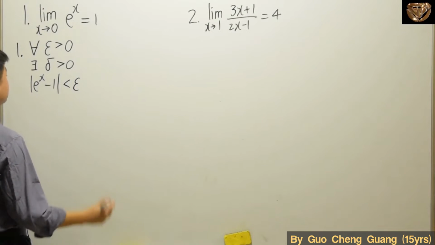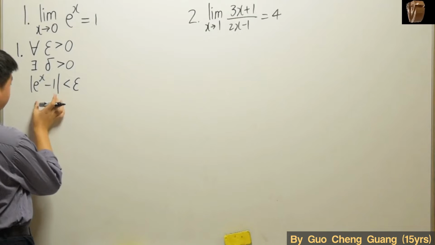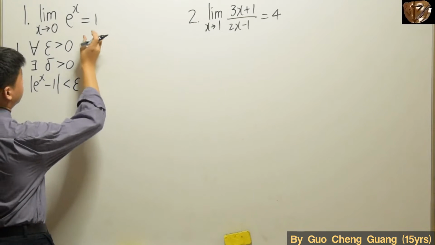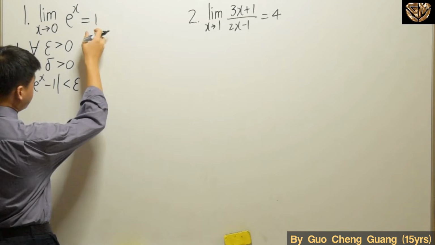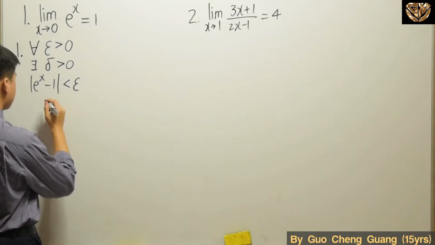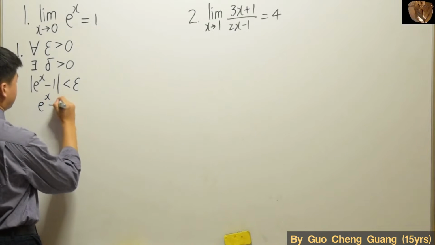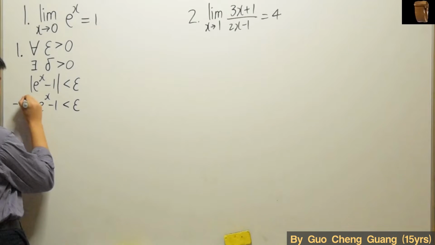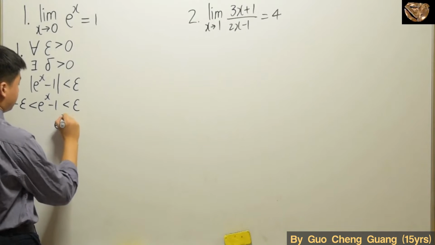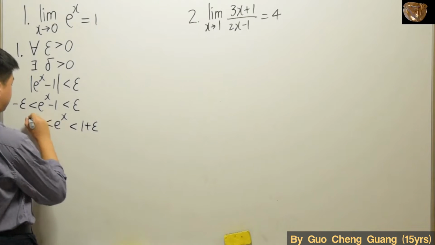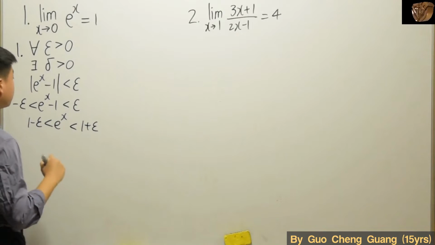Since when you have a difference, you want whatever value you have to be closer to your tendency than this epsilon. So, e to the power of x minus 1 is smaller than epsilon, greater than negative epsilon. E to the power of x is smaller than 1 plus epsilon, greater than 1 minus epsilon.